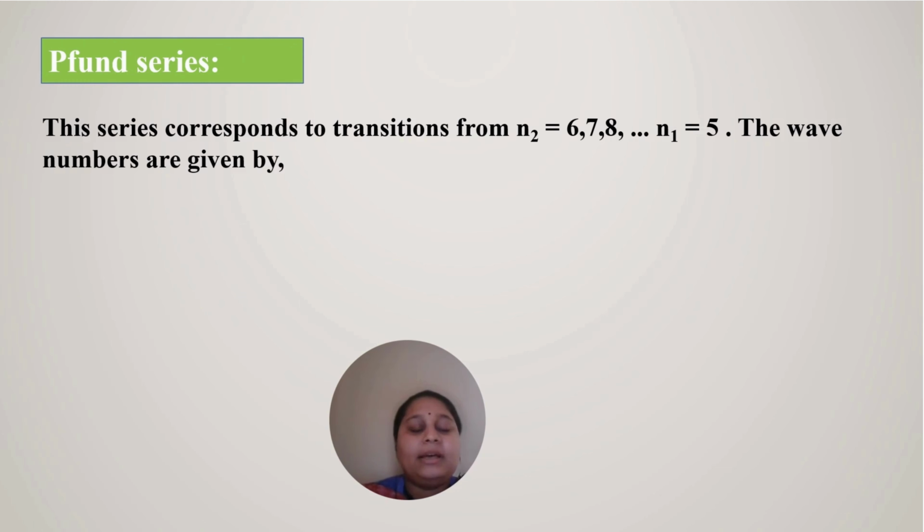Pfund series. So this is the same. N2 is 6, 7, 8, N1 is 5. So always it is a number preceding. The wave number is given by mu bar is equal to R (1 by 5 square minus 1 by N2 square). So in problems, if they ask the electron transition takes place from this orbit to this orbit, that is outer orbit to inner orbit.